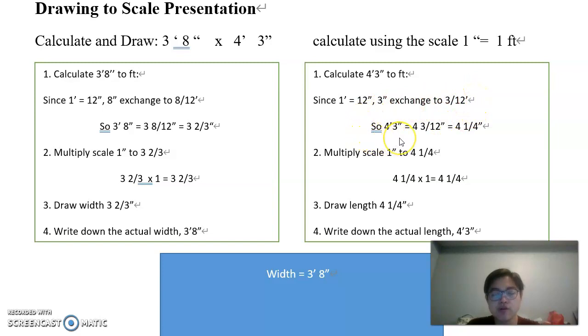So 4 feet 3 inches is equal to 4 and 3 over 12 inches. And 3 over 12, we can divide both by 3. So the answer is 4 and 1 over 4 inches.